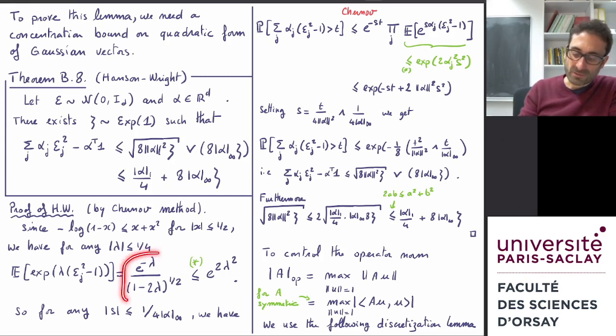So this is not very convenient, but we will use the following inequality. If you have x in absolute value smaller than 1/2, then you can upper bound minus log of 1 minus x by x plus x squared. So here I can upper bound this term by something like this. So this is equal to exponential of minus 1/2 log of 1 minus 2 lambda.